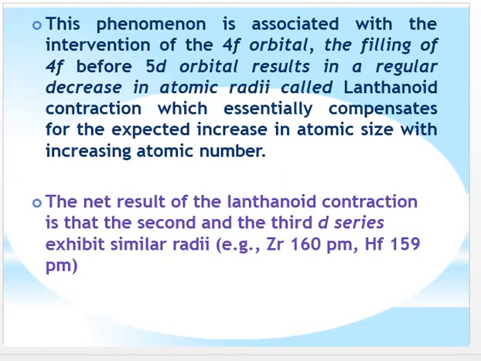This phenomenon is associated with the intervention of the 4f orbital. The filling of 4f before 5d orbital results in a regular decrease in atomic radius called lanthanoid contraction, which essentially compensates for the expected increase in atomic size with increasing atomic number.